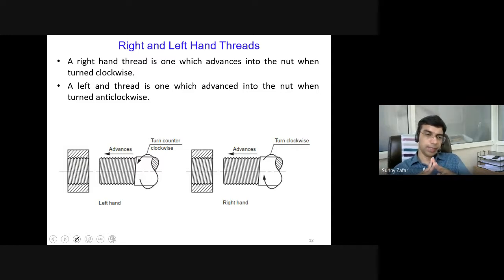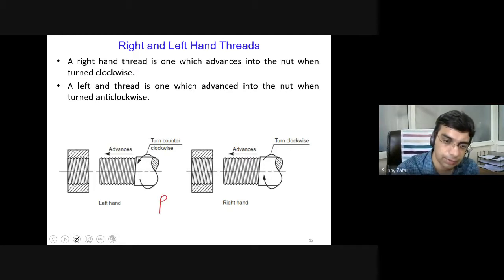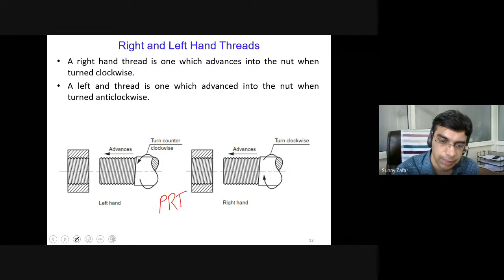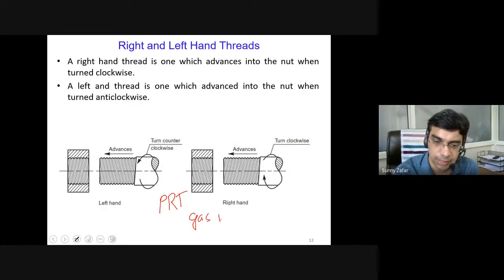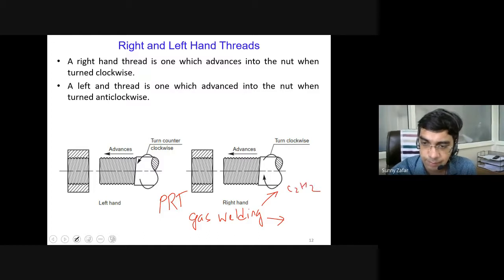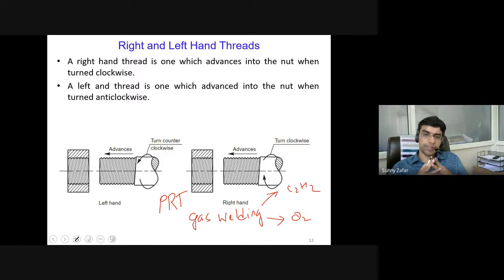If you remember the application of left hand and right hand threads, in the PRT course, if you have done the PRT course, you remember we discussed the gas welding process. In the gas welding process, there were two cylinders, one for acetylene, one for oxygen. I mentioned that the threads on both the cylinders are opposite in nature, so that one tightens in the clockwise fashion, another loosens in the clockwise fashion.